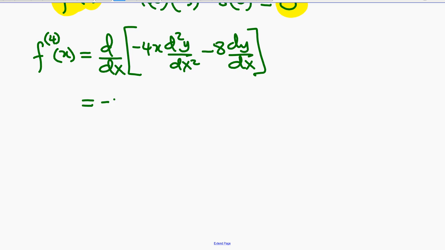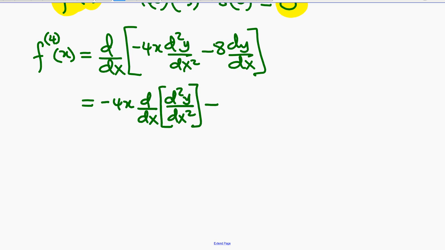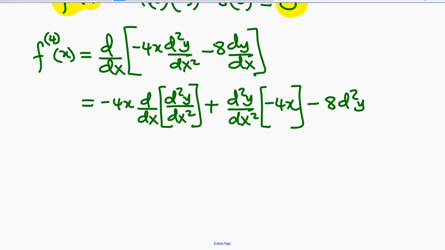So that will be negative 4x d over dx of d2y over dx2 plus d2y over dx2 into negative 4x. This is product rule. Minus 8 d2y over dx2.